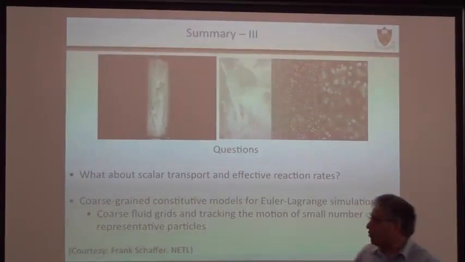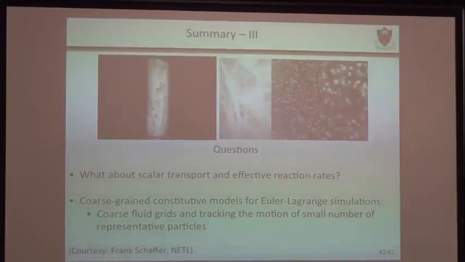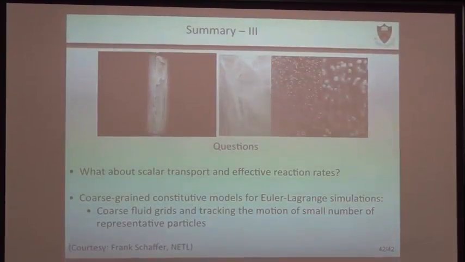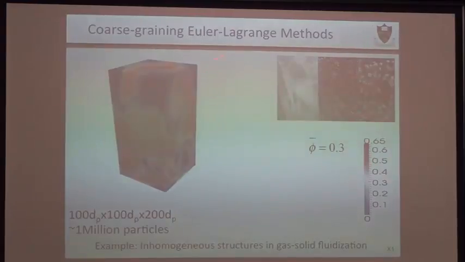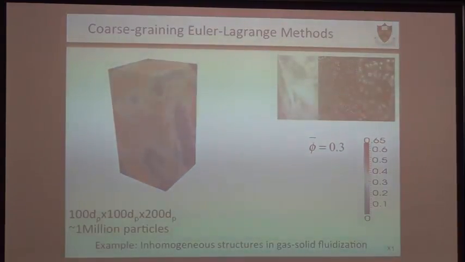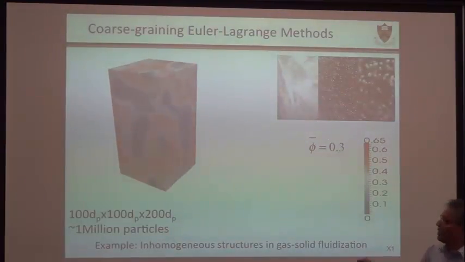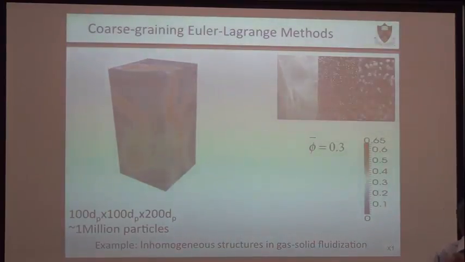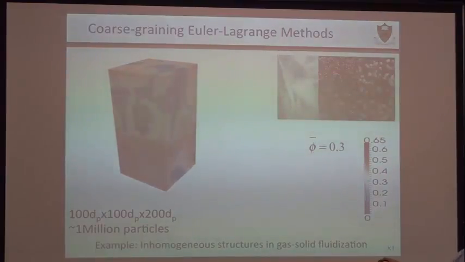So the question my group is currently looking at is how we should think about those kinds of problems. We are looking at coarse-graining for the Euler-Lagrange problem. We do simulations with billions of particles in domains like this, and then we average to see how we should think about coarse-graining. It's the same spirit as what we did for the continuum models. The flow structures you see here are the kind of flow structures that we saw in the movie.